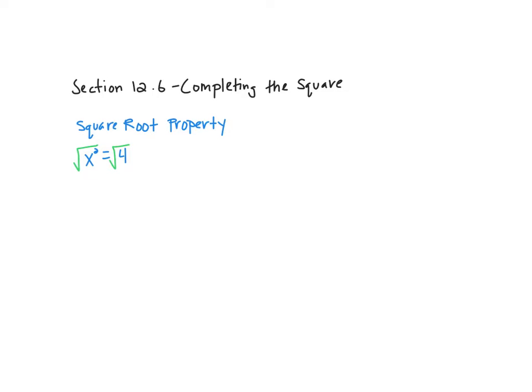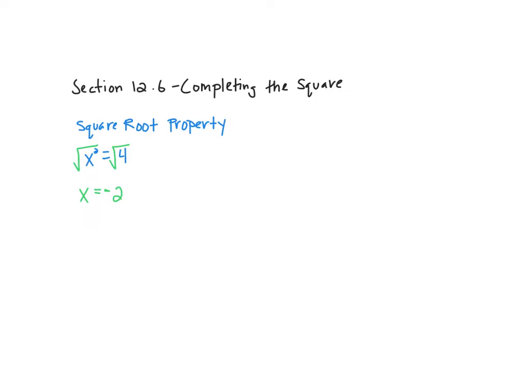Well, the square root of x squared is just x. But here's the interesting part. I take the square root of 4, which is 2. So yes, 2 squared equals 4. So that would work. But also negative 2 works.